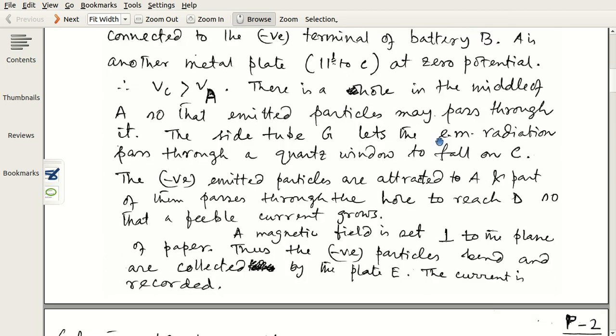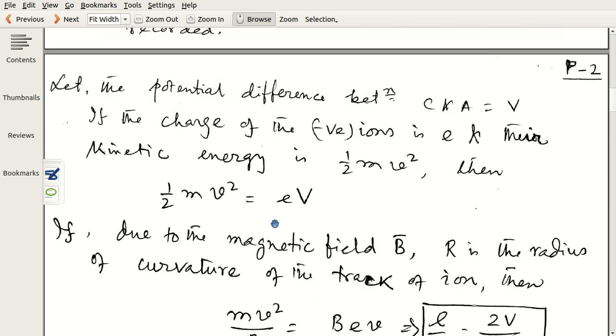So it is written at the end, the negative emitted particles are attracted to A, and part of them passes through the hole to reach D, so that a feeble current grows, and the magnetic field is set perpendicular to the plane of paper. Thus the negative particles bend. Note that there will be a Lorentz force, that is why they will bend, and are collected by the plate E. The current is recorded again.